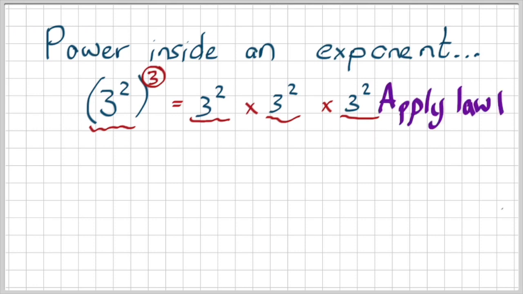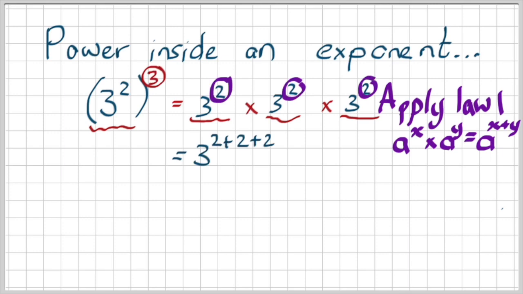Now let's apply law 1. Remember, we've established that law 1 works for exponents, so we can use it now to actually figure out law 3 and 4. So law 1 says that a to the x times by a to the y is a to the power of x plus y.